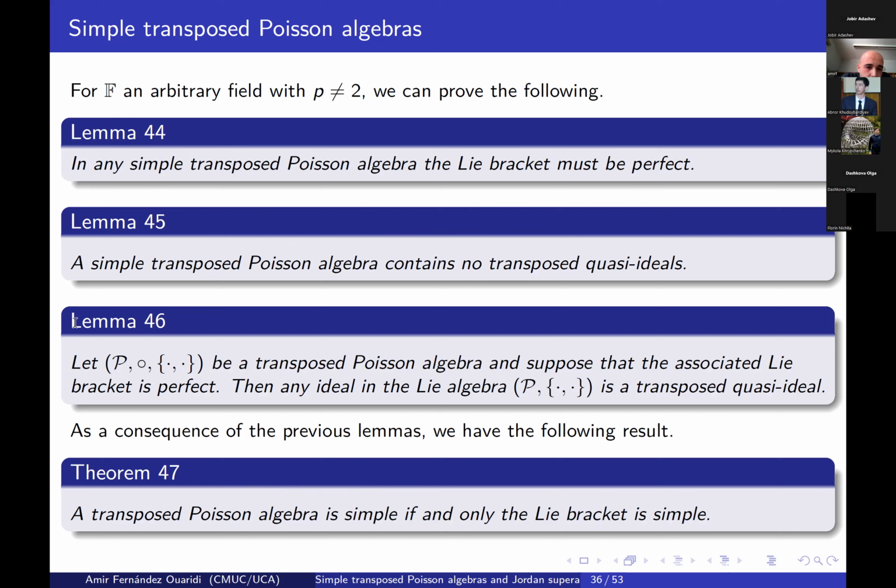Then we prove that for a transposed Poisson algebra with the associated Lie bracket being perfect, any ideal in the Lie algebra is a transposed quasi-ideal. So using these 3 steps, we obtain Theorem 47. Okay.